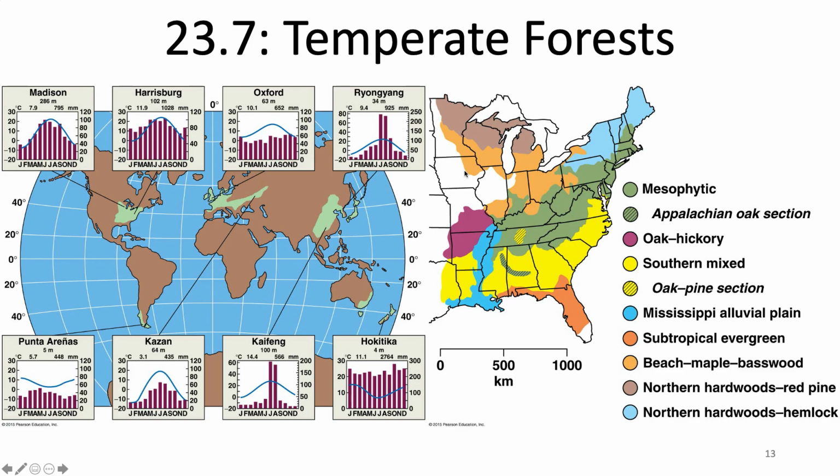Central Appalachia actually has the highest tree diversity of any temperate area. I think the Appalachian Mountains are really cool. Pittsburgh here is mostly in beech maple basswood forest type, but Latrobe and where school is kind of on the border, and around here are the Allegheny Mountains, which, because they're higher in elevation, have their own distinct communities too, and have a few endemic species to the Allegheny Mountains, which we talked about.